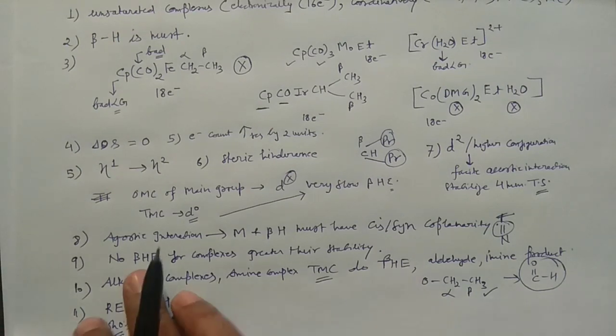And now some of the important aspects. After that we will solve the examples, the questions from the previous year CSIR NET questions also, right? We'll do that part also.